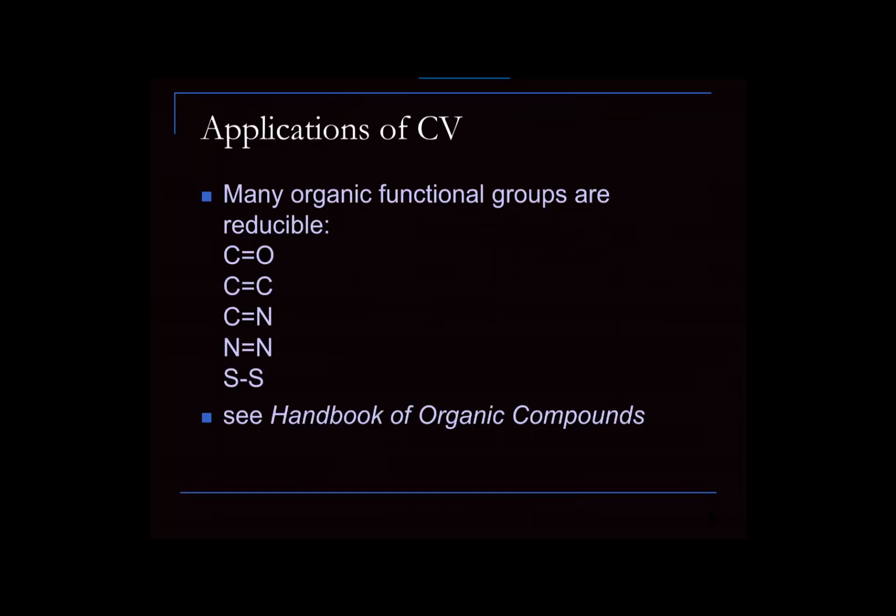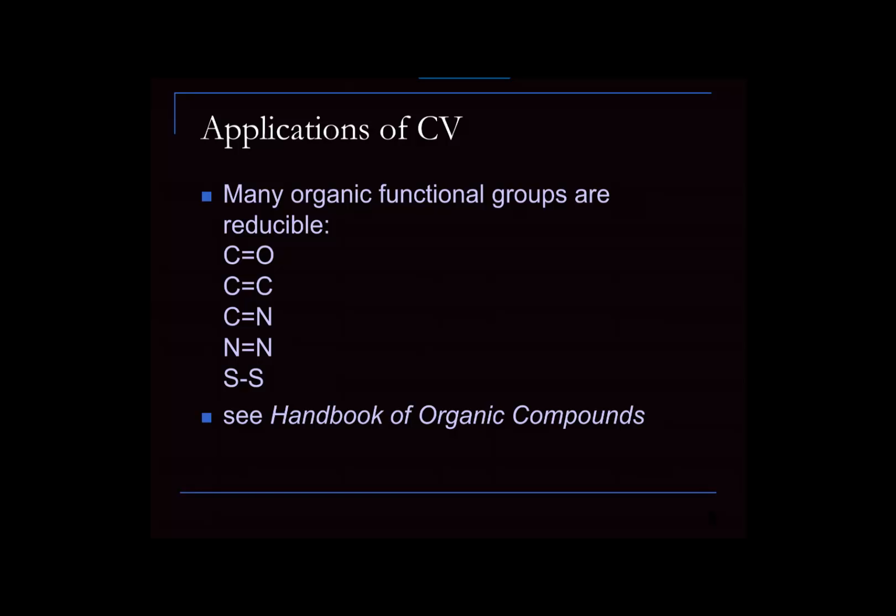I just want to close the section on voltammetry by making mention of the fact that there are many different functional groups that compounds, biomolecules, and small molecule organics have that are reducible. Examples of those are the ketone, carbon-carbon double bond, carbon double bonded to nitrogen, the nitrogen-nitrogen double bond, and sulfur-sulfur bonds.